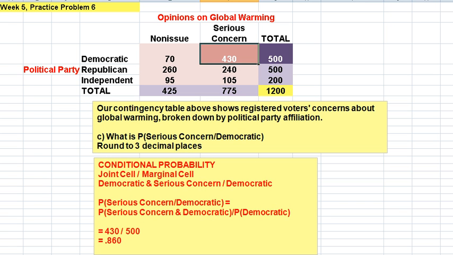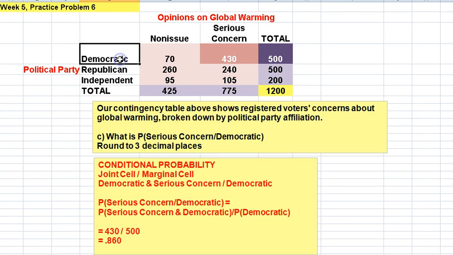Problem C gives us an equation, P(serious concern | Democratic). This is conditional probability. It indicates that you divide the marginal value for Democratic into the joint value serious concern and Democratic.